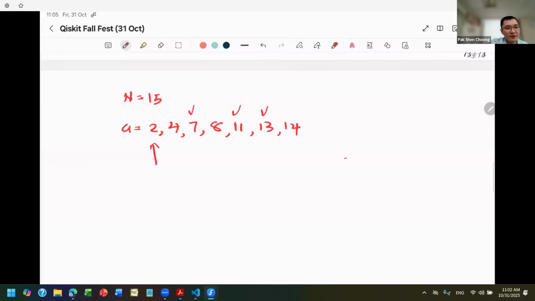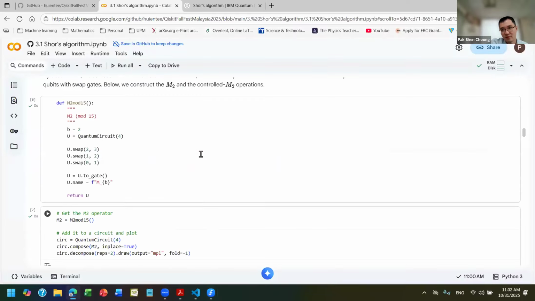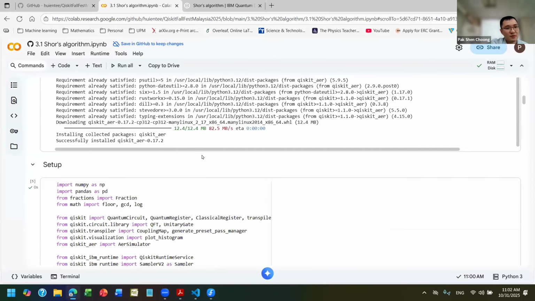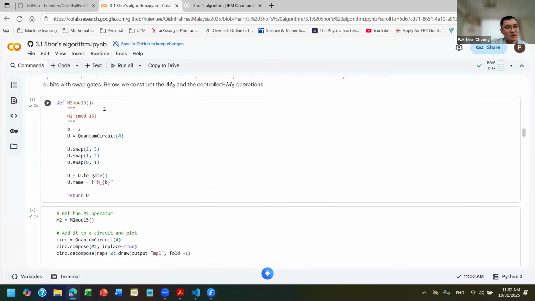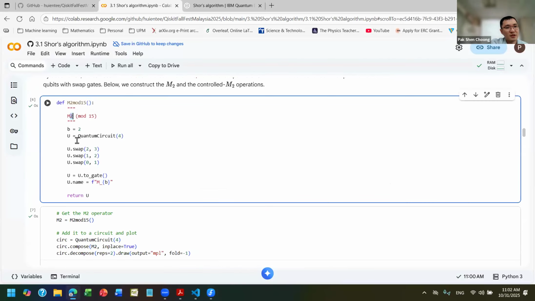So what you will need to modify in this case is over here, B becomes, let's say if you want to do it for 7, B becomes 7. Then you need to identify what are the permutations involved. So this has to be changed, which is why I did not do it, because you need to do all the table and stuff.